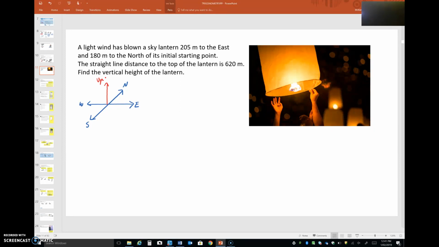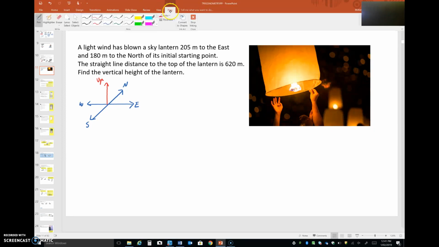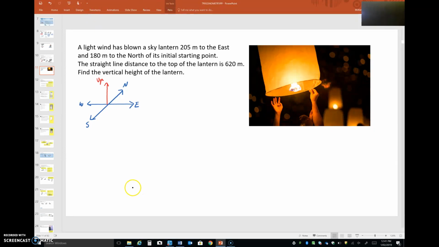Like the previous three-dimensional question, we're going to need to do two calculations to get to the final answer. So we're told that the sky lantern starts at a certain point. Now, I'll say that the starting point can be, say, right here.